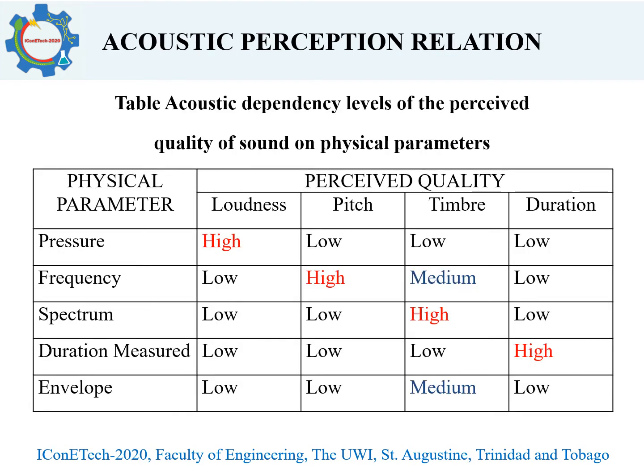This table shows the dependency levels between the physical parameter and perceived quality of musical instruments. We see pressure, loudness, frequency, pitch, spectrum, timbre, duration measured, and duration have high levels of dependency. This points to the parameters which we could use in our model.